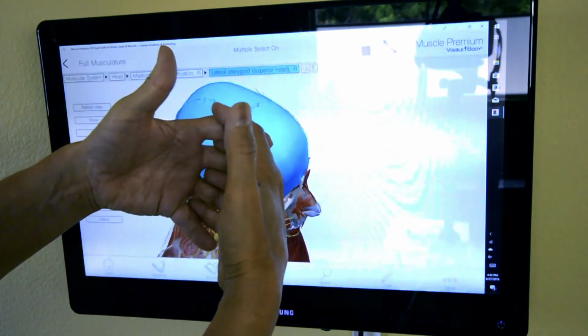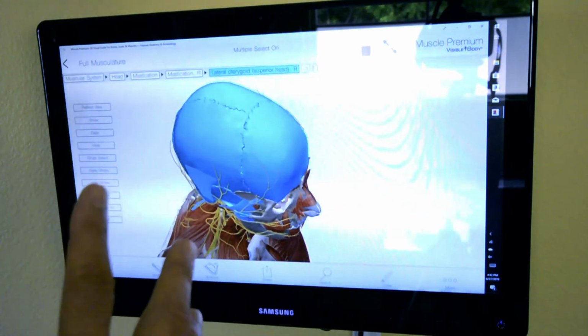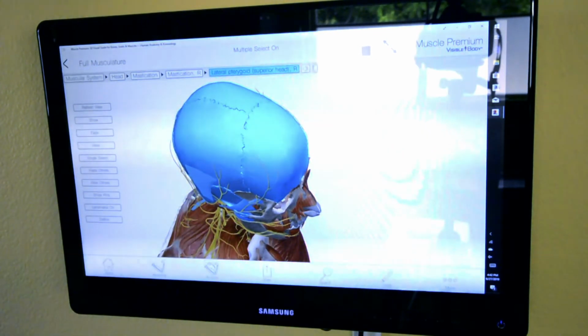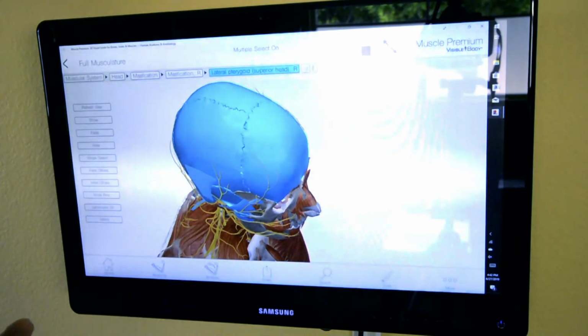They're supposed to have a little bit of fine movement, and by getting those muscles to relax, the headaches go away.